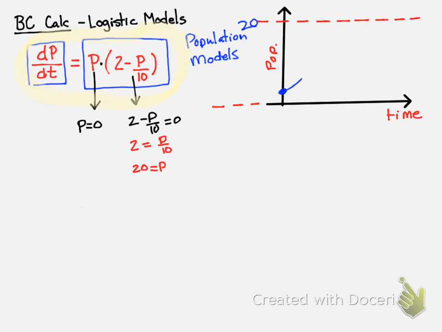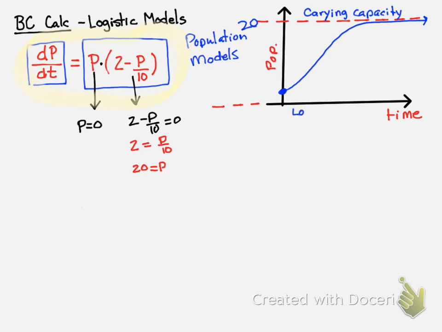We are going to grow and grow and grow, but then level off as we near what's called the carrying capacity. So our carrying capacity will always be that upper horizontal asymptote.